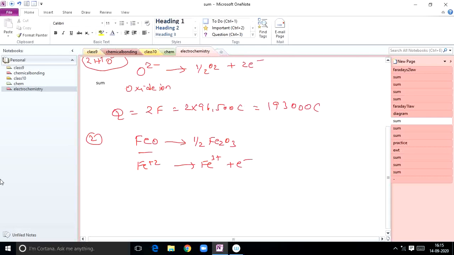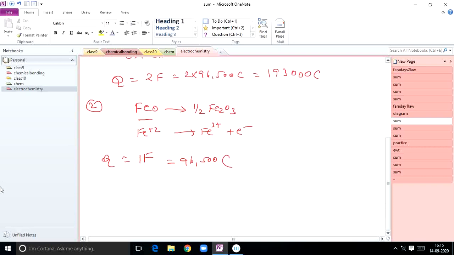So Fe2+ gives rise to Fe3+ plus 1 electron. So the quantity of electricity Q is equal to 1 Faraday. That is 96,500 coulombs. That is the second one. Next, third one, only 2 are there. Next.